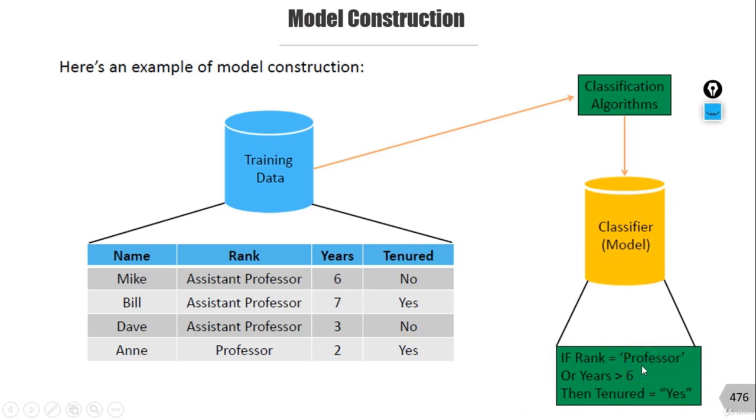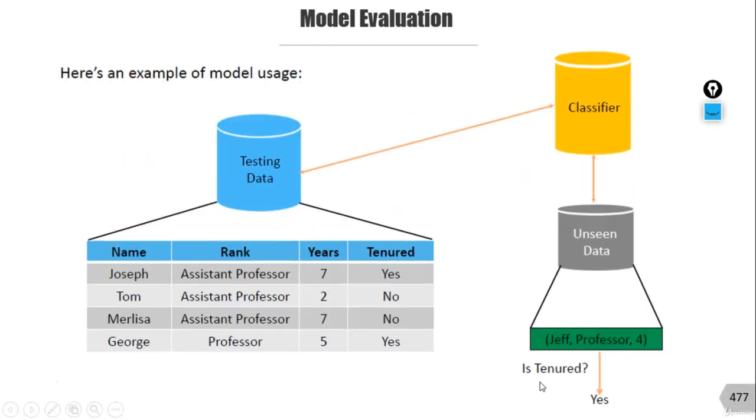From that equation we said if the rank is professor or the years are more than 6, then it's tenured. Based on that classifier, when we tested our model on the test data set, we tried to predict, but obviously it may not be 100%. So we got a model which can predict 75% accurately.